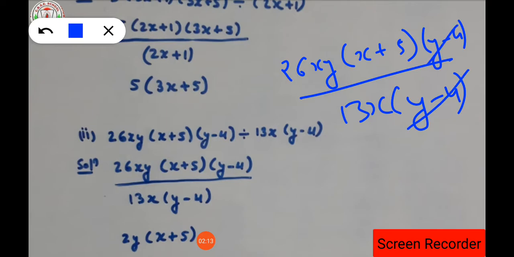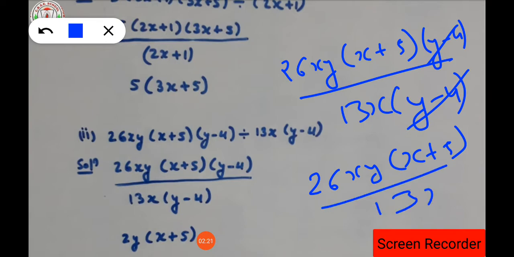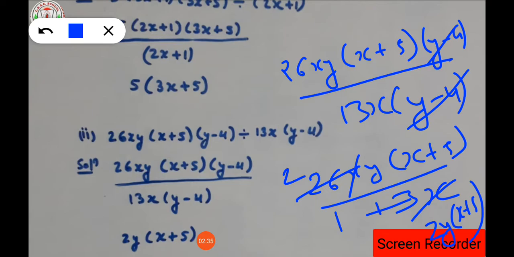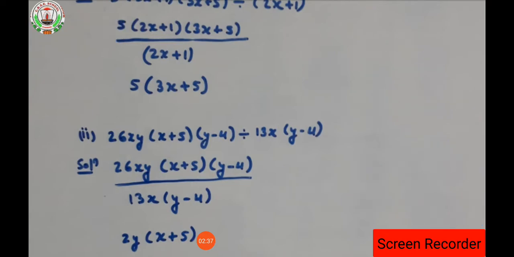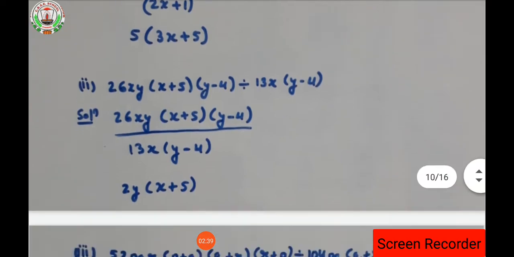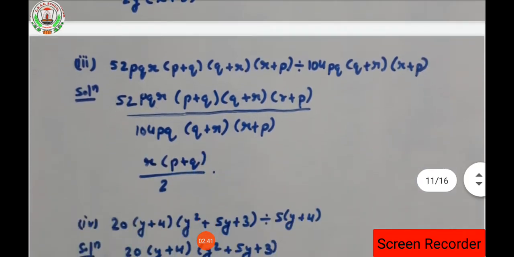Now what is the number left out? That is 26xy into (x plus 5) upon 13x. Now x and x will again get cancelled. 13 ones are 13 and 13 twos are 26. So what is the answer left out? That is 2y into (x plus 5). Clear everyone? 2y into (x plus 5) is the required answer.